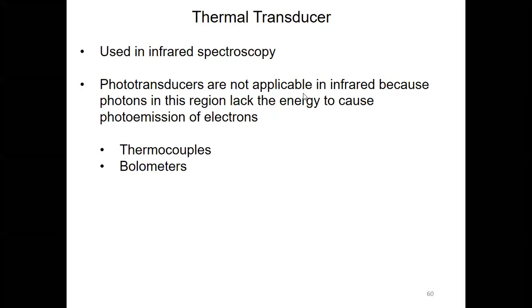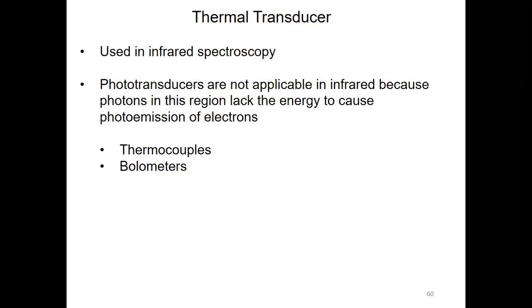If you go to the electromagnetic spectrum, the IR wavelength range is high, right? Compared to the visible, the IR wavelength is higher. When the wavelength is high, according to Planck's equation, E equals hc over lambda, the energy is low.